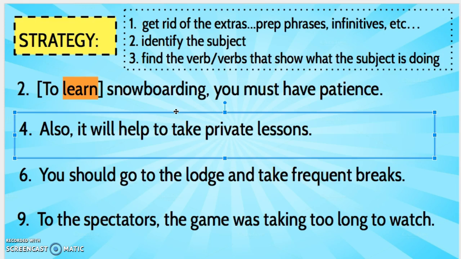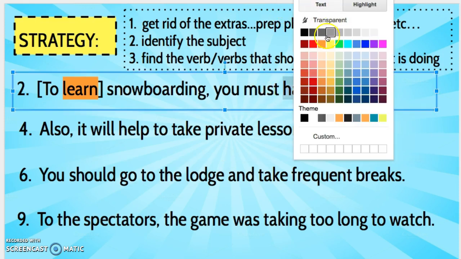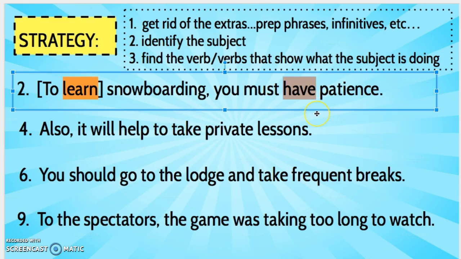However, the way it is being used in this particular sentence, it's not being utilized as a verb, it's being a noun here, okay? Your verb is learn. So what are you learning? You're learning snowboarding, okay? So you have to be aware of that. So that's not going to be a verb in this case. You must have patience. When you're looking at this, you'll notice that have is going to be a linking verb. So we're going to highlight that one as well.